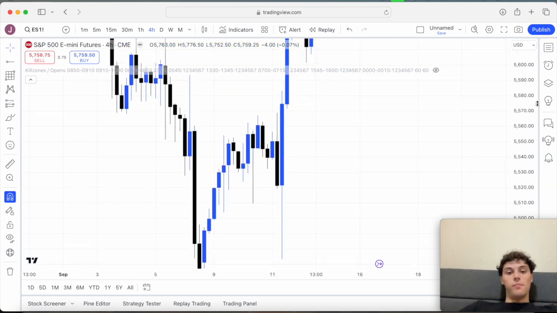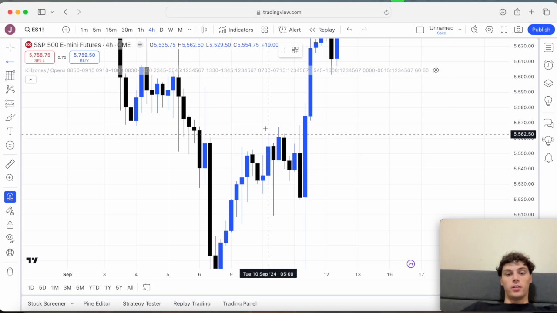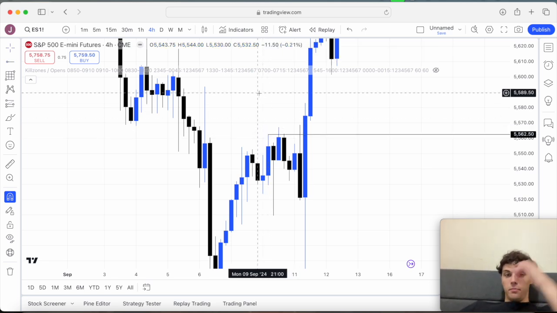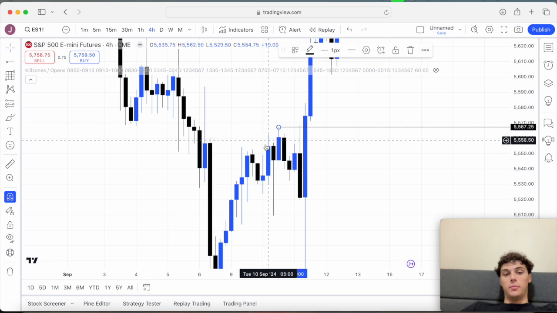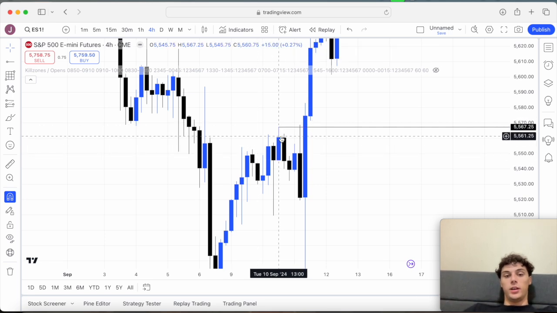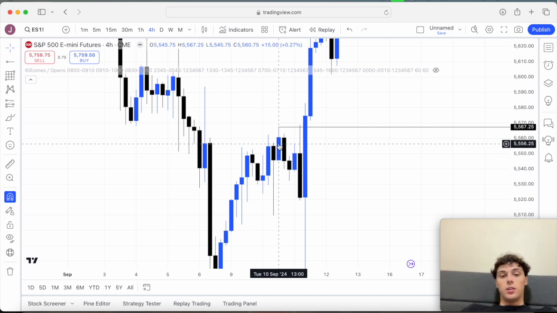Let's see here. So right here, it didn't break above this high, correct? It swept it, which I went over in the past video. So this becomes a new high because you see a green candle and then a red candle. Bam, that's a new high.